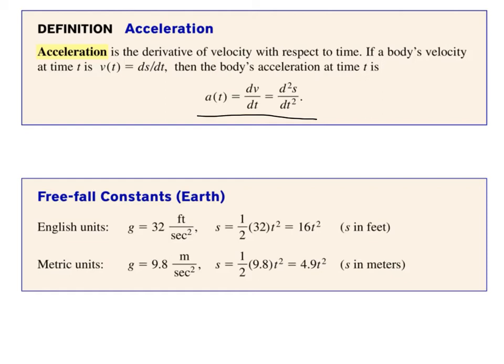The metric units are 9.8 meters per second squared. Sometimes you'll see it written as 9.81 meters per second squared. So the position equals 1/2 times 9.8 times t squared, which simplifies to 4.9t squared. That is using gravity as your acceleration on a free fall.